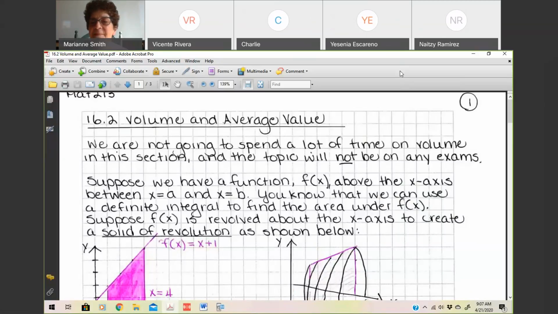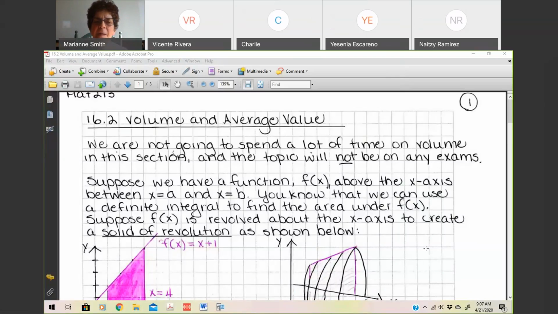Okay, so as I'm saying here, I'm kind of putting in the disclaimer. I'm not going to spend a lot of time on volume because the reason why you might want to know the volume of a solid of revolution is mainly in an engineering context.